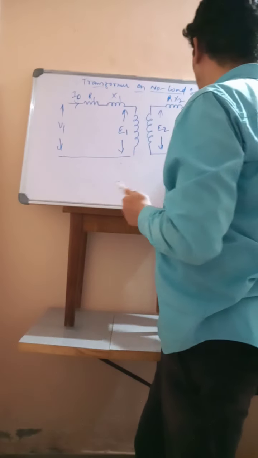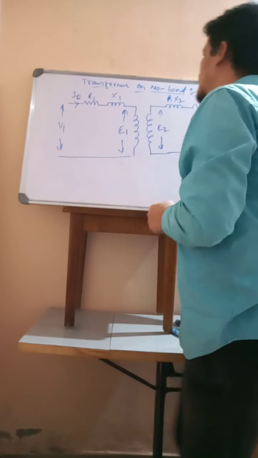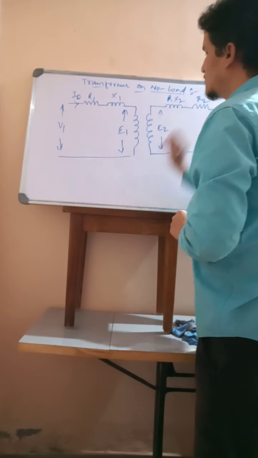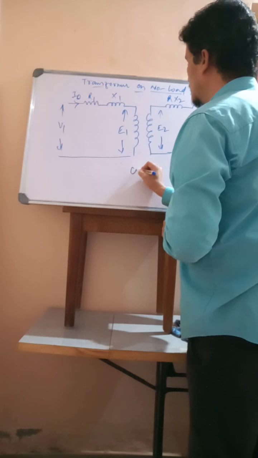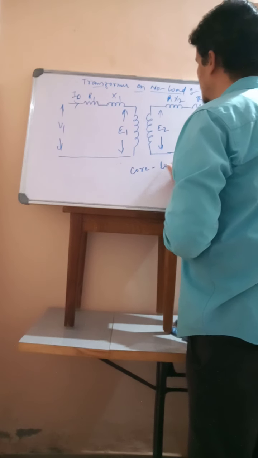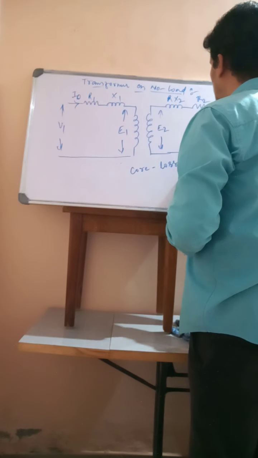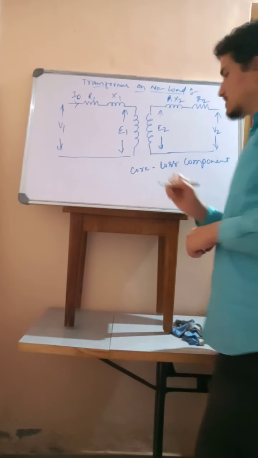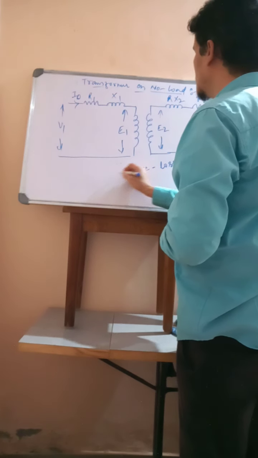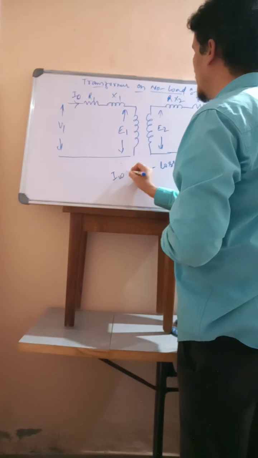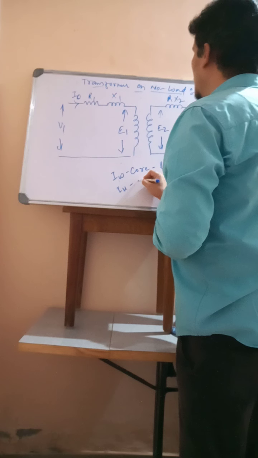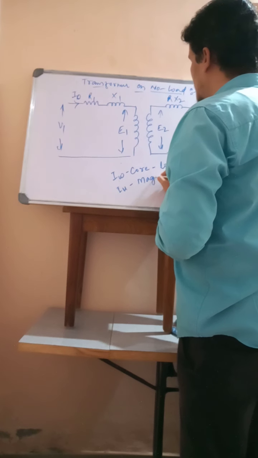You know by the working principle of the transformer, this no load current I0 will have two components. One is the core loss component, which I will mark as I omega, and one more component is called the magnetizing component.